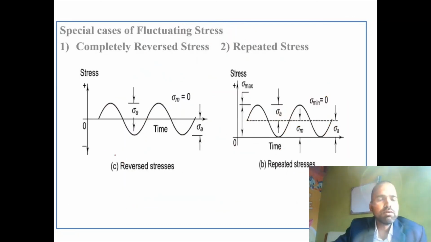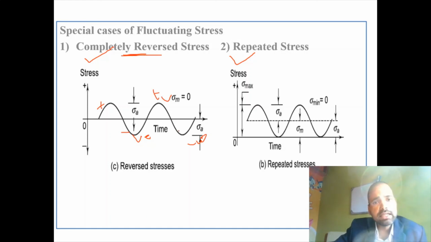In this design of components subjected to fluctuating stress, there are two special cases of fluctuating stress: completely reversed stress and repeated stress. From the diagram it is very clear that the stress varies from positive value to negative value, again positive to negative, that is, complete reversal of the stress takes place.